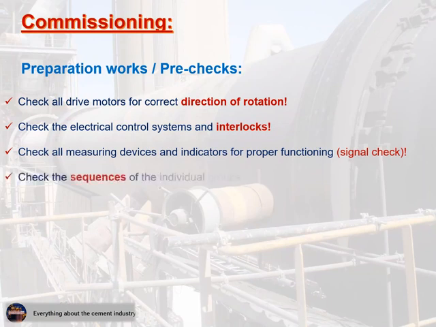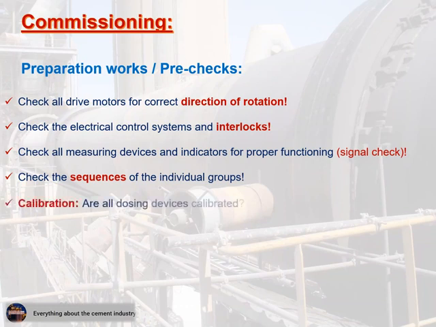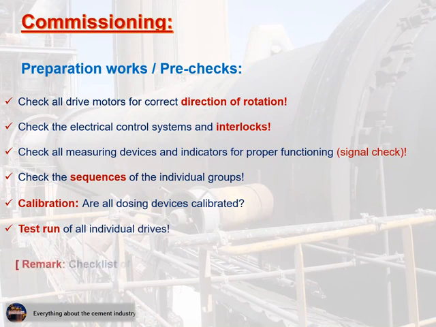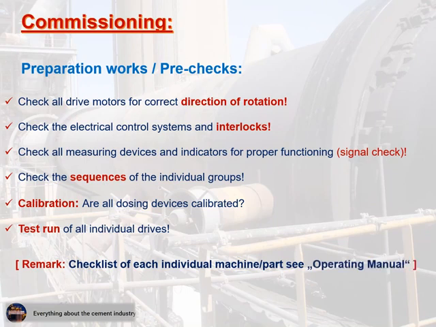Check the sequences of the individual groups. 5. Calibration: are all dosing devices calibrated? 6. Test run of all individual drives. Remark: for the checklist of each individual machine and part, see the operating manual.